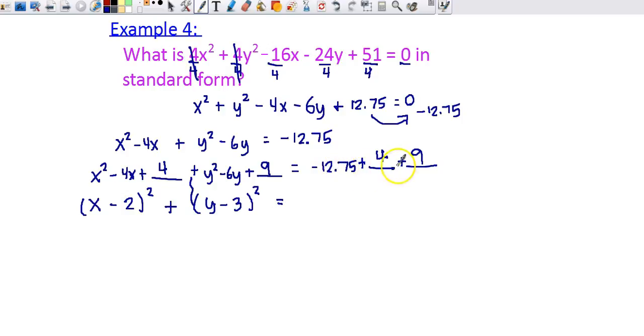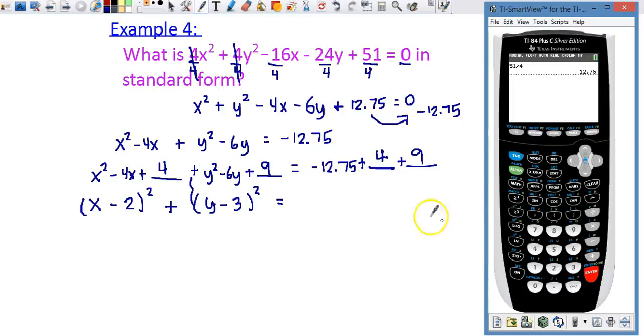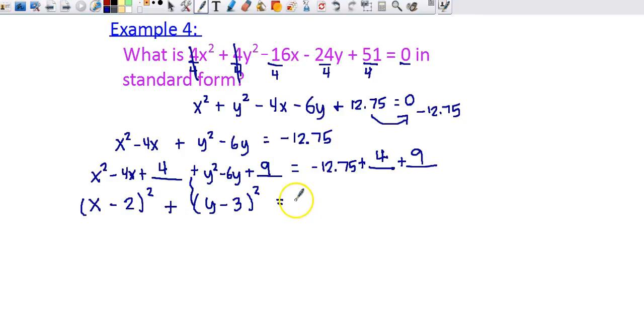And negative 12.75 plus 4 and 9, those make 13. So if I do negative 12.75 plus 13, that should be 0.25. You can always double check those decimals in your calculator. And there's the answer. So 0.25.